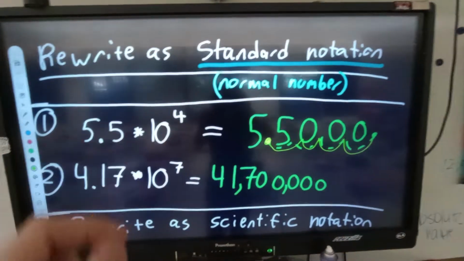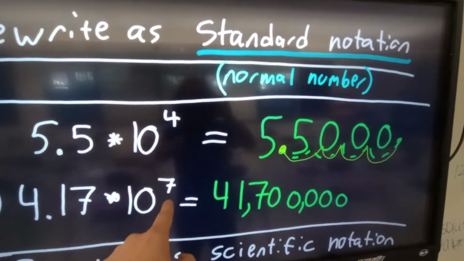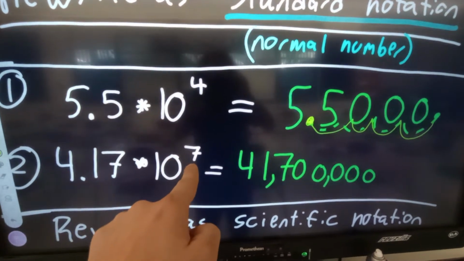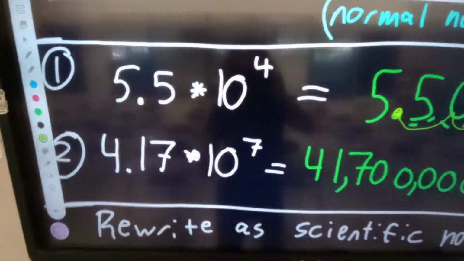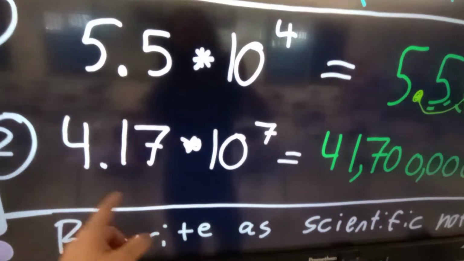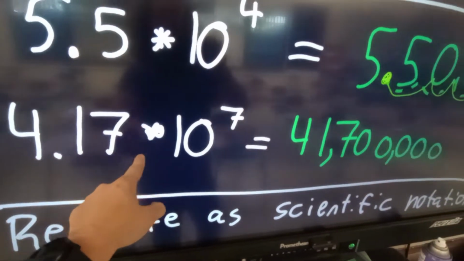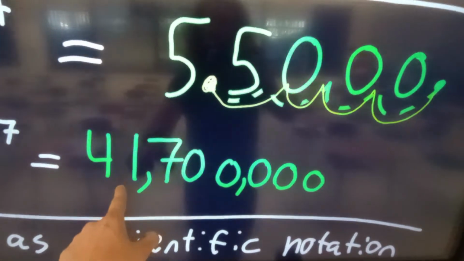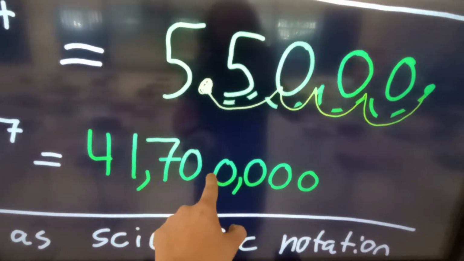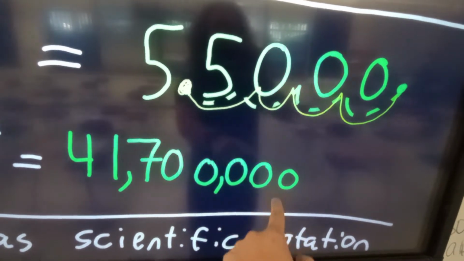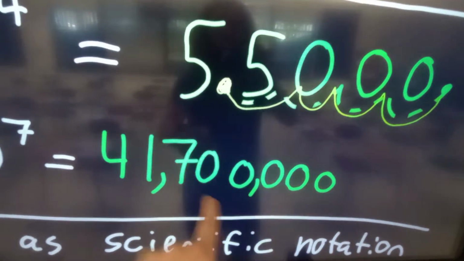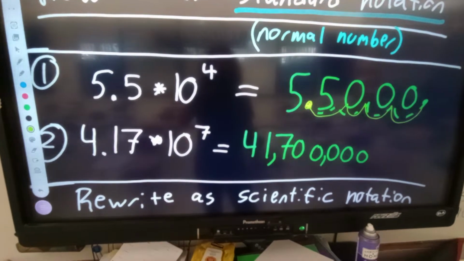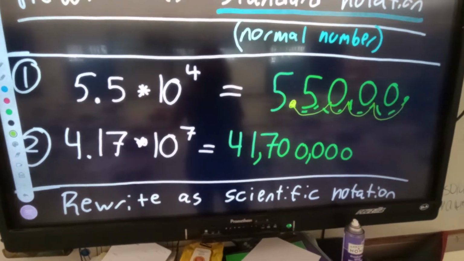Likewise, for the example from above, 4.17 times 10 to the 7th power. Again, we move the decimal to the right because that is a positive exponent. And we move it to the right 7 spaces. So I would start here and go 1, 2, 3, 4, 5, 6, 7, all the way down. So this example that I gave would be 41,700,000.